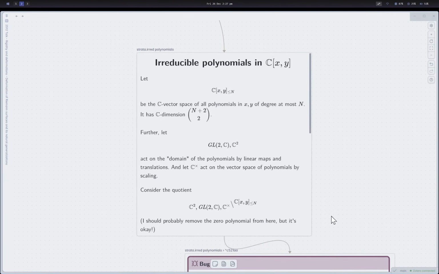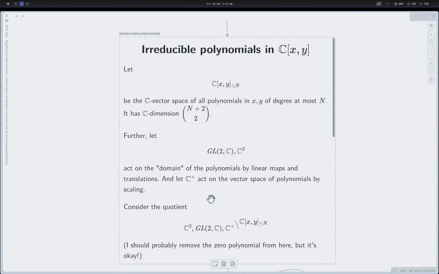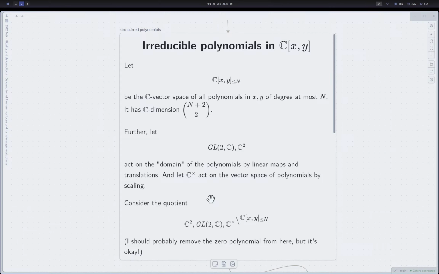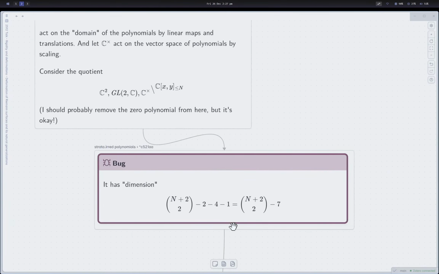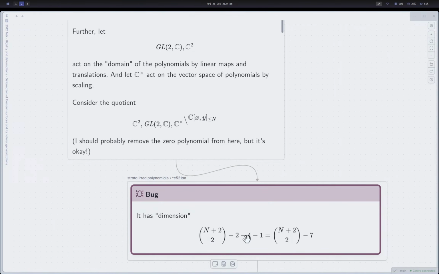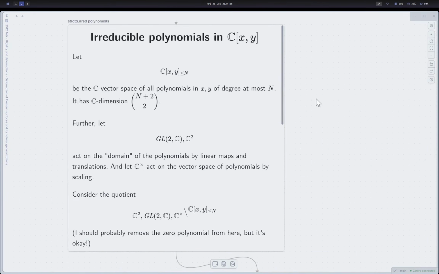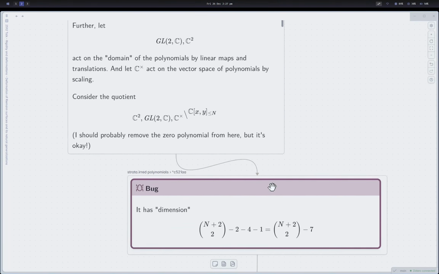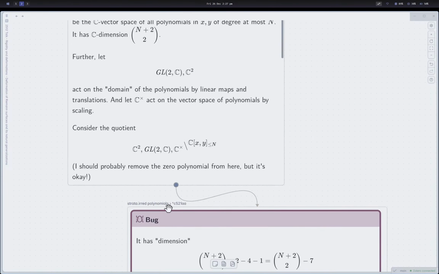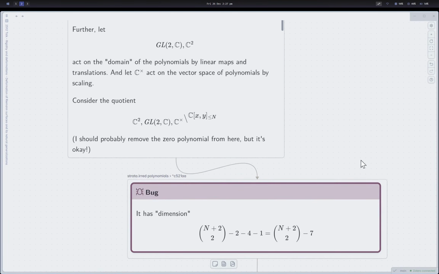So the dimension of this group: GL2 has complex dimension 4, the translations have 2, and the scaling has 1. So 4, 5, 6, 7. If I subtract 7 from the dimension of the vector space, I sort of get the dimension of the quotient space. This is not exactly correct. It might not even be a manifold.